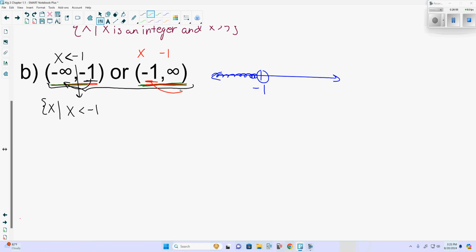It's positive and we're going to infinity, so x is going to be greater than negative 1. And the only thing we're missing is the "or" in the middle. Questions on this here?